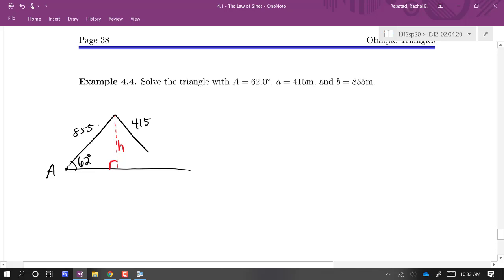That's not how I find the height, because that's a right angle there if I'm finding the height. This is about the only scenario in this chapter where you can use right triangle stuff. We made a right triangle.